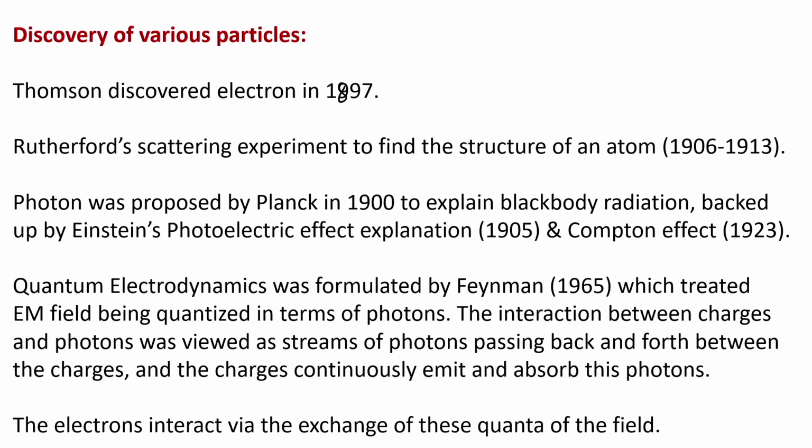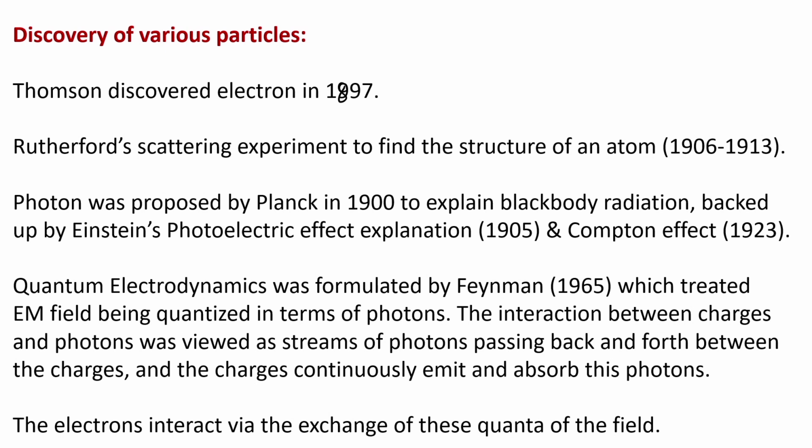Okay. So, in ordinary quantum mechanics, these fields are taken as classical objects, and it is only the electron's energy that is quantized, but here the background field was quantized as well, and the interaction between charges was viewed as streams of photons passing back and forth between the charges, and the charges continuously emit and absorb these photons.